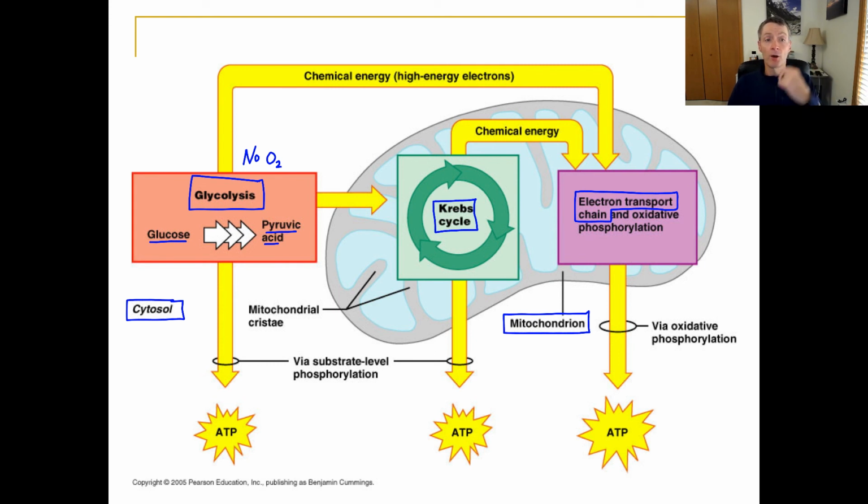But oxygen can also be absent and glycolysis will occur. But when it comes down to the Krebs cycle and electron transport chain, yes, we need oxygen. Without oxygen present in sufficient quantities, these stages will not occur very well at all. So whatever ATP you would get from the Krebs cycle and electron transport chain, down the drain. We don't get a lot of that.